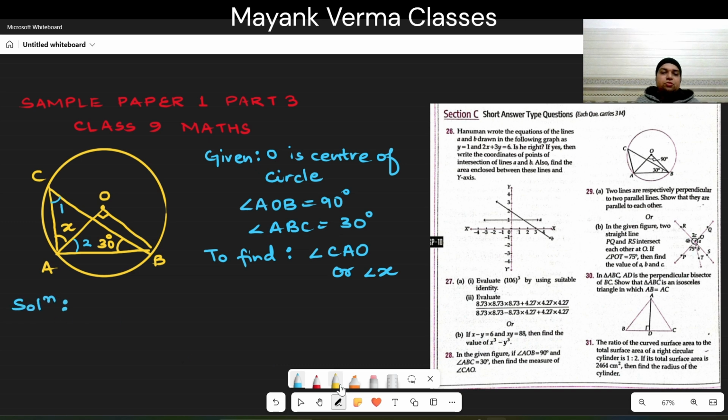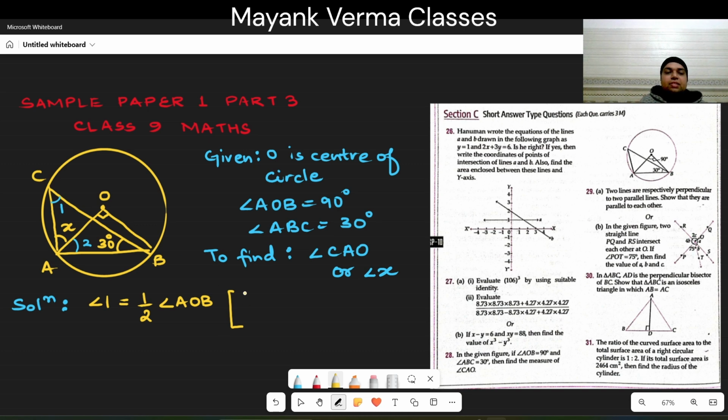So what we will do first, I will say that angle 1 is equal to half of angle AOB. What should be the reason for that? The angle made at the circumference of the circle across the same arc is half of the angle at the center.